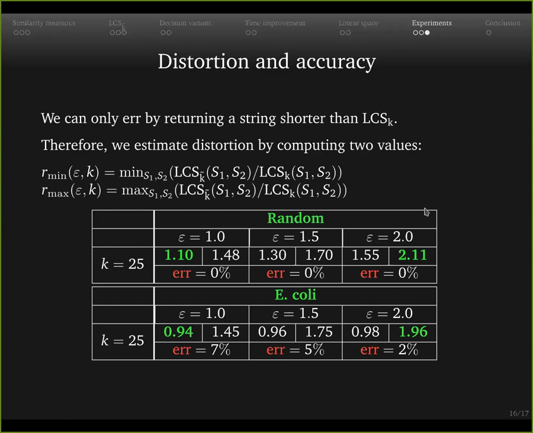And the error is when we actually have a string that is shorter than LCSk. The main thing we can notice is that by augmenting epsilon, you diminish your error rates, but Rmin and Rmax grow.